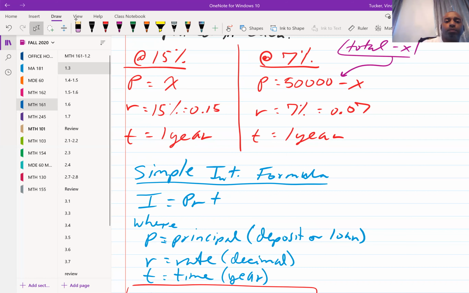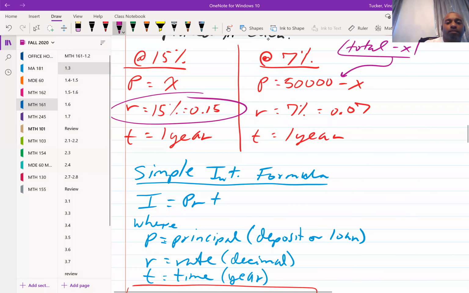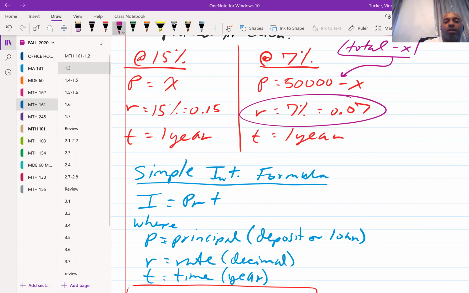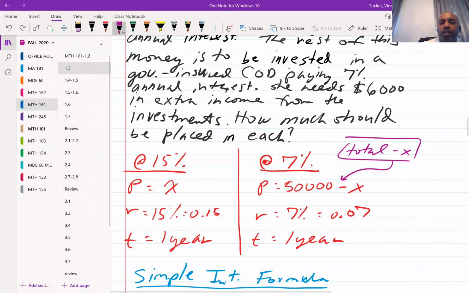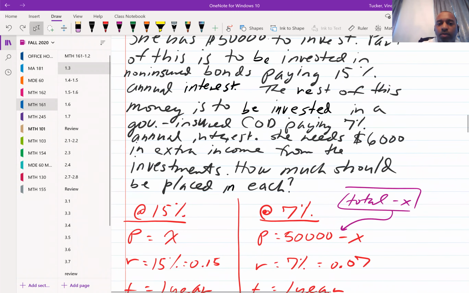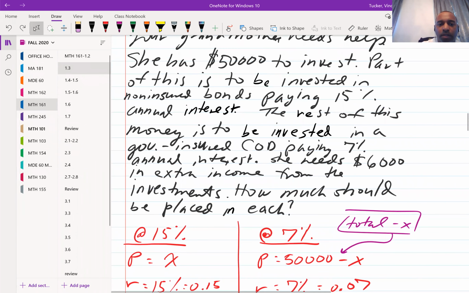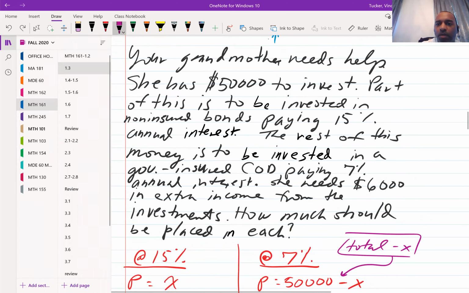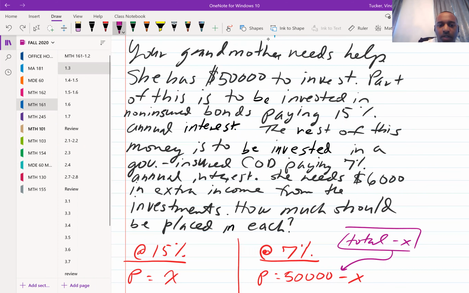So R is fixed for us. Like I said, that's 15% for this account, 7% for this account, and the time is going to be fixed as well. So it says, where was it in here? To be invested, extra income from the investment.